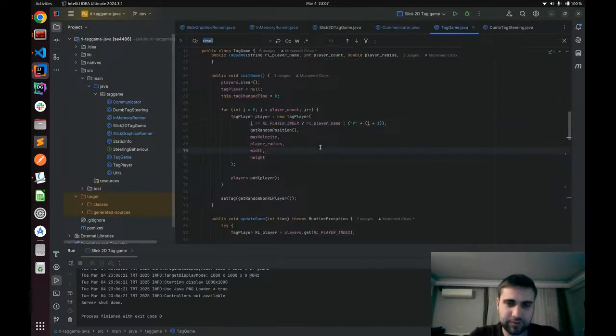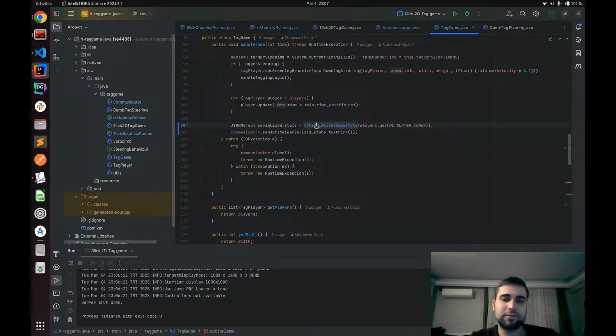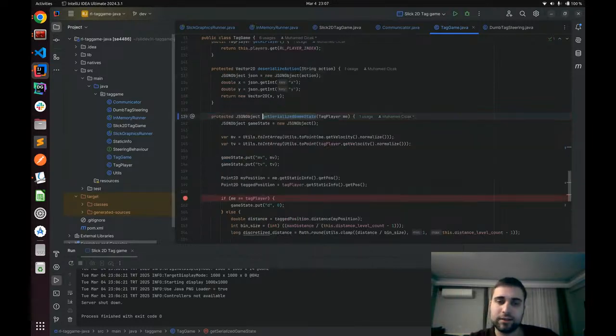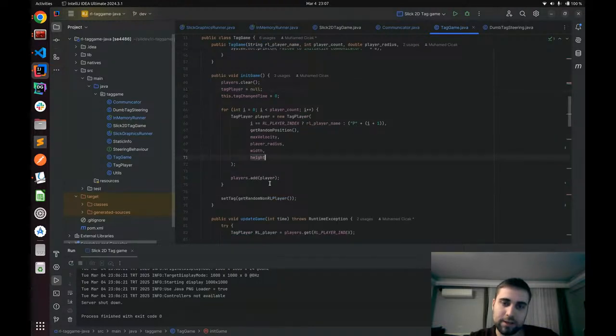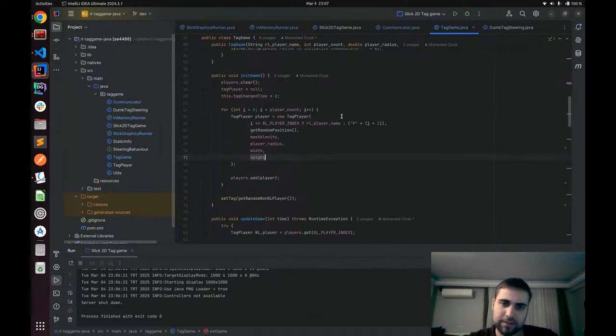That shouldn't be possible. Because here, obviously, only if me equals tag player is that a terminal state. Can me equal... what is me? Me is passed in.